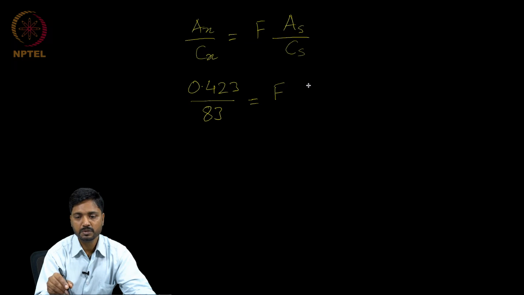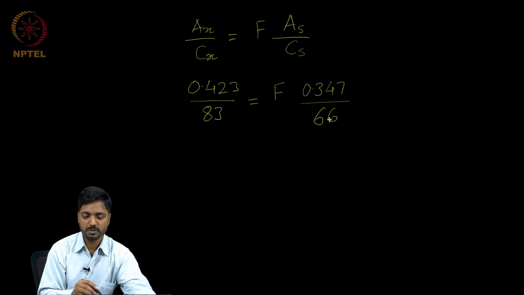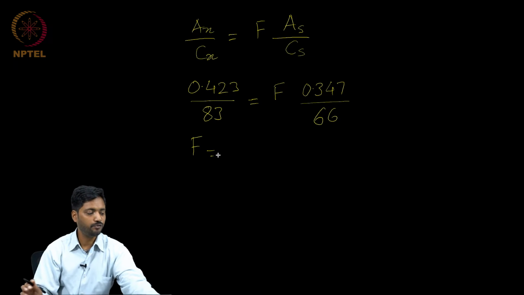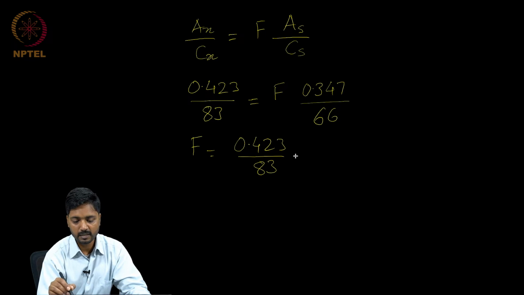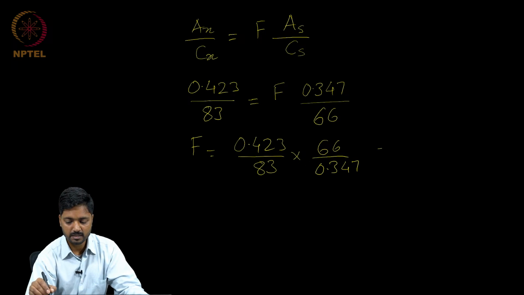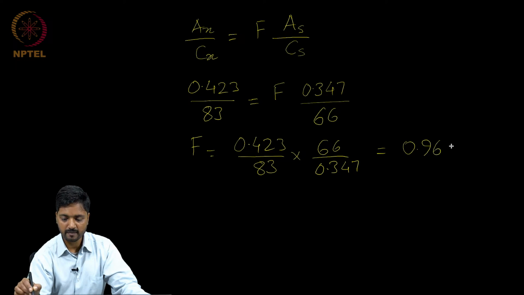The absorbance due to the standard was coming as 0.347, and the concentration of the standard was 66 millimoles. So when we solve this out, we get an F value of 0.423 divided by 83 into 66 divided by 0.347, and this ultimately solves out to be 0.969.